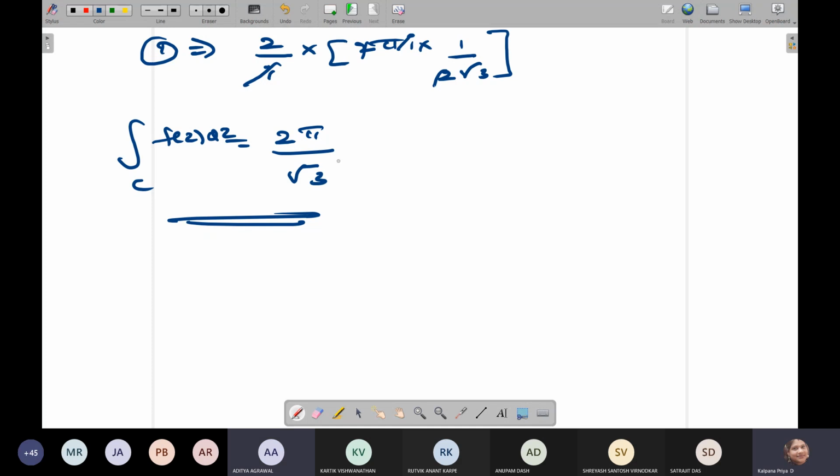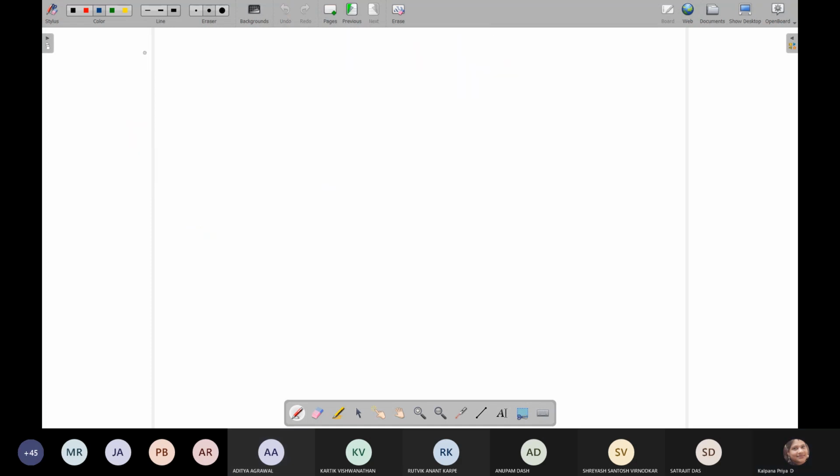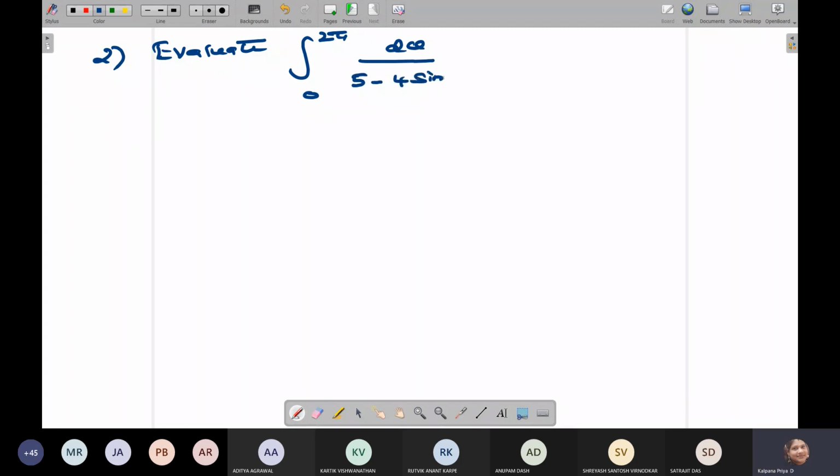Okay. Similarly, example 2. Evaluate integral 0 to 2 pi d theta upon 5 minus 4 sine theta. So we are going to solve this using contour integration.